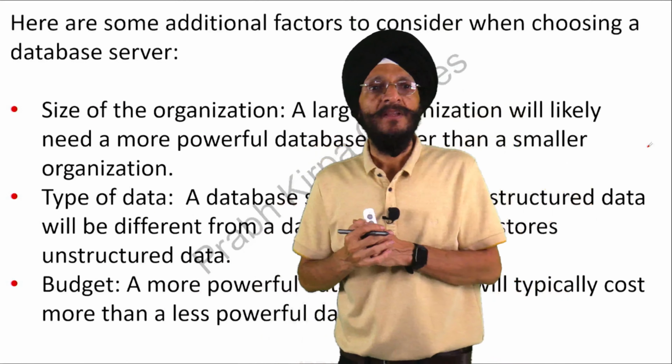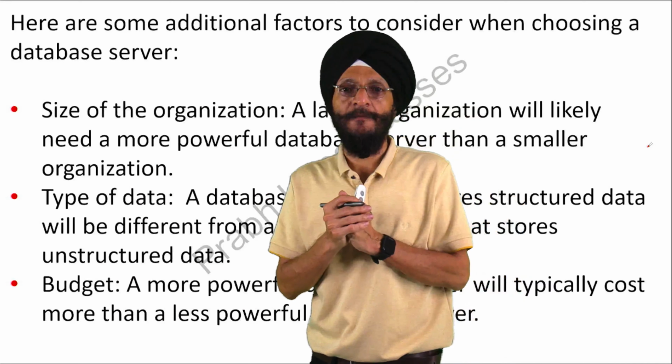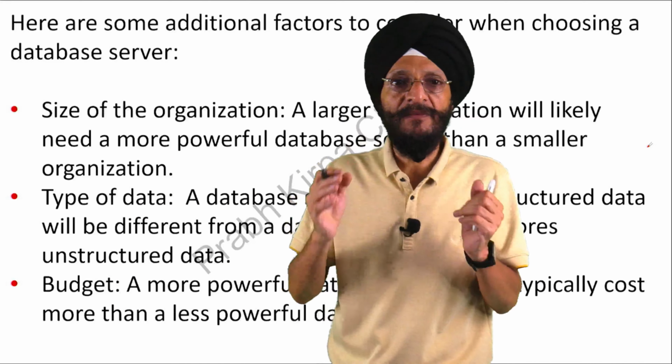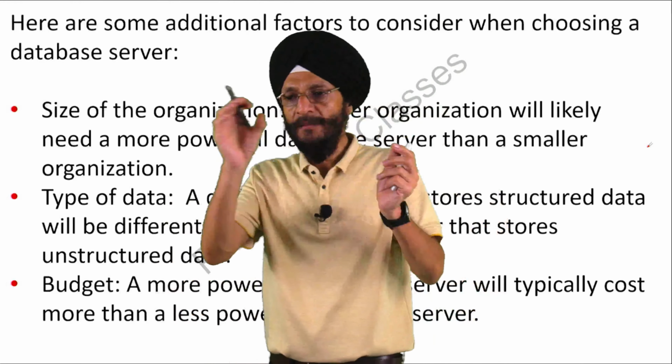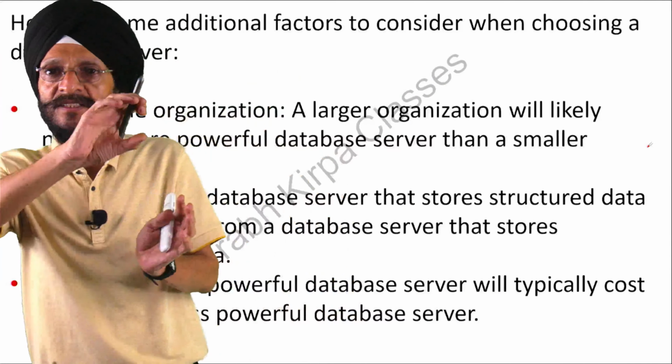Then the other point is type of data. A database server that stores structured data will be different from a database server that stores unstructured data. Structured data means the data follows a structure, that is in the form of particular tables where there are rows.